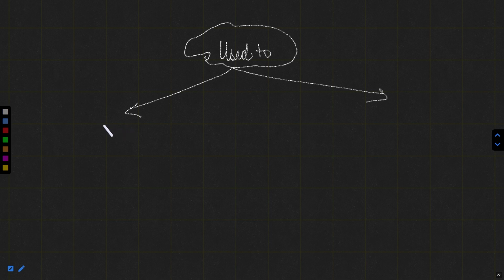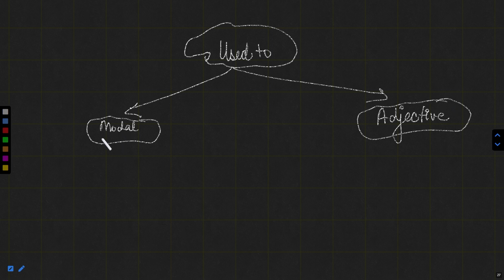It can either be a modal or an adjective. Now if it is a modal, it refers to when we show the past habit.